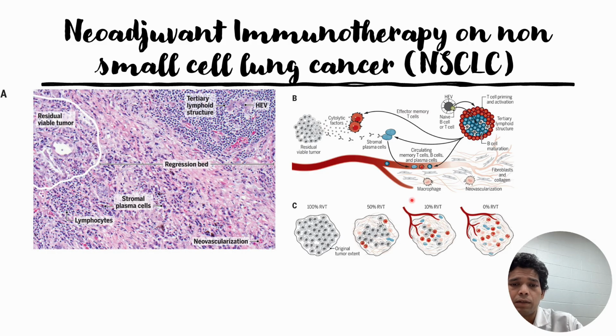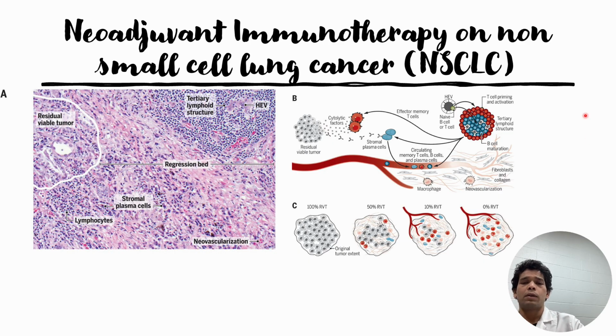We can see that with the decrease in the residual viable tumors, there is an increase in the number of blood vessels, or new blood vessels are formed, which means angiogenesis occurs. This angiogenesis helps in the transport of B cells and T cells to the site of the tumors, thereby further increasing the efficacy of neoadjuvant immunotherapies on the tumors.